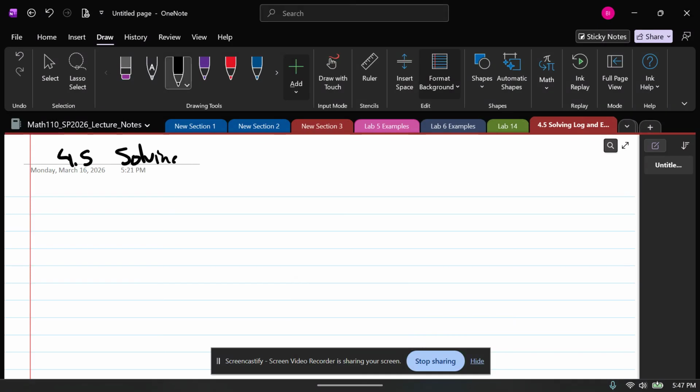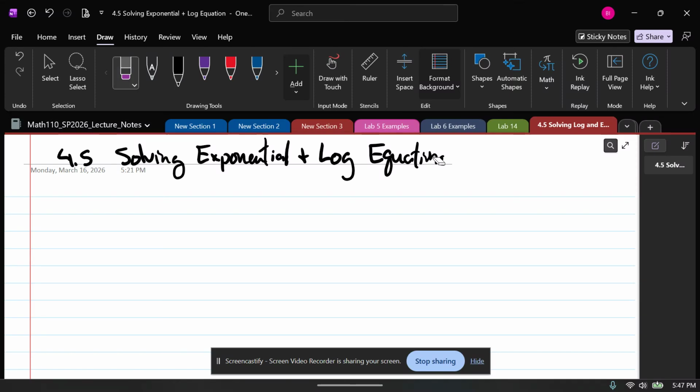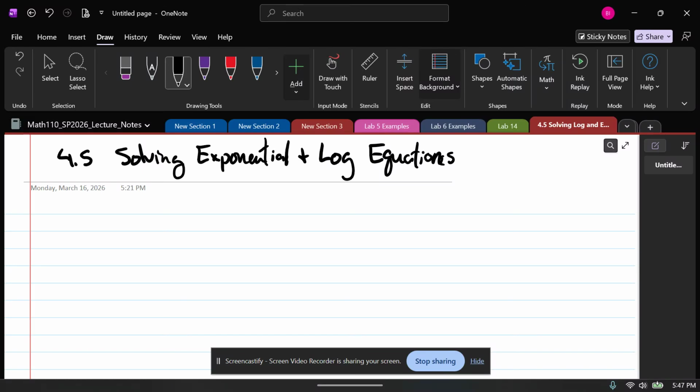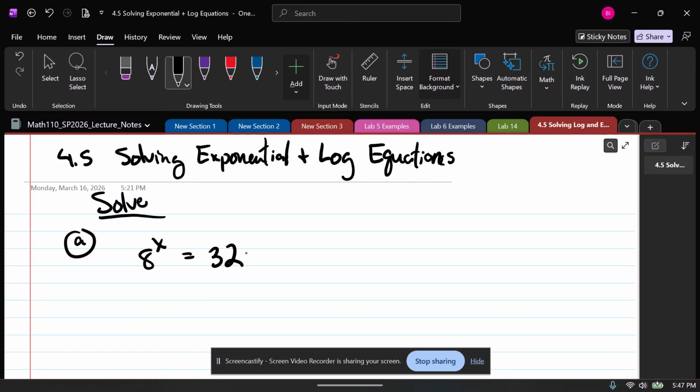Solving exponential and log equations. We did some of this last week. We did problems like this last week where it just said solve, and you had something like 8 to the x power is equal to 32.